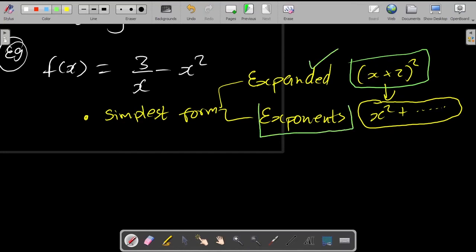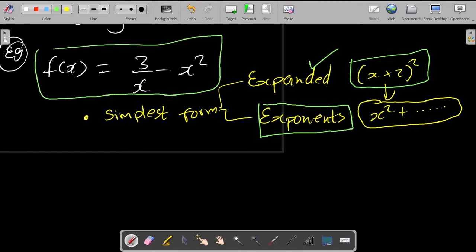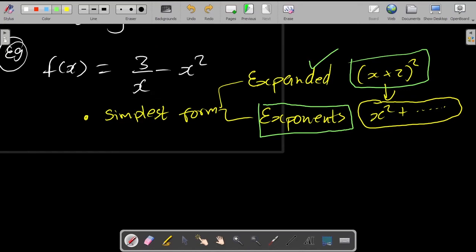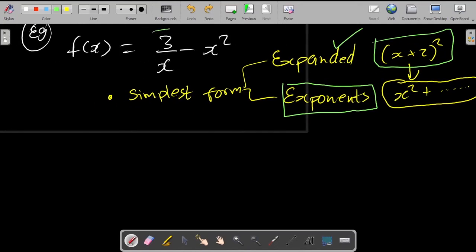Now with the second point about exponents, let's talk about it by looking at this particular example. Now we have f of x equals 3 over x. And now I want to transform this whole thing into this kind of form where I can see all my exponents. And how do I do that?